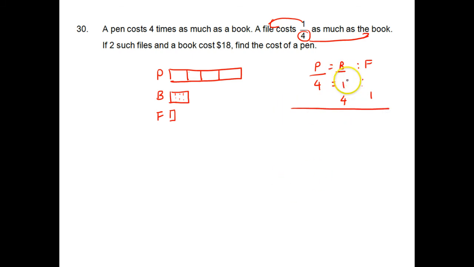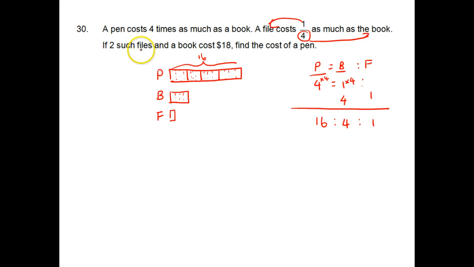Okay, my book must be the same, so I multiply by 4. So now I have 16 units of pen, 4 units of book and 1 unit of file. So if I relate this back, 1 unit of file, 4 units of book, this would be my 16 units.